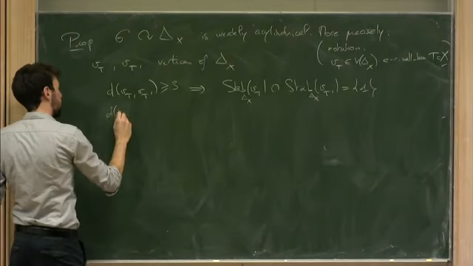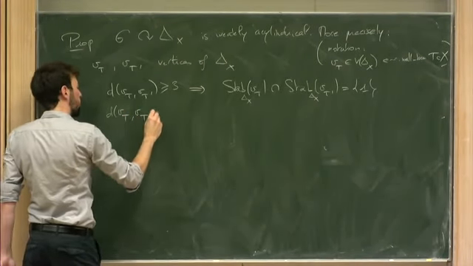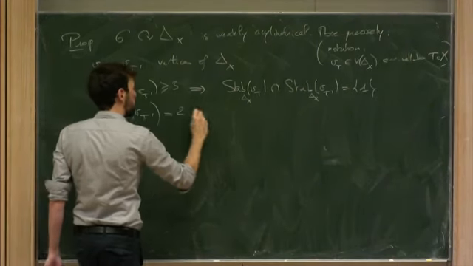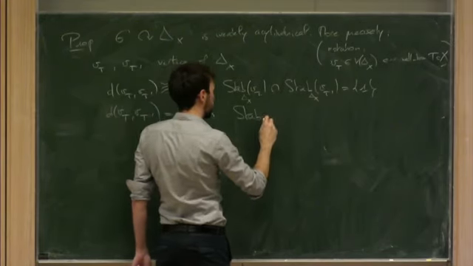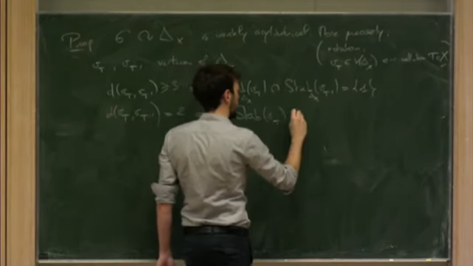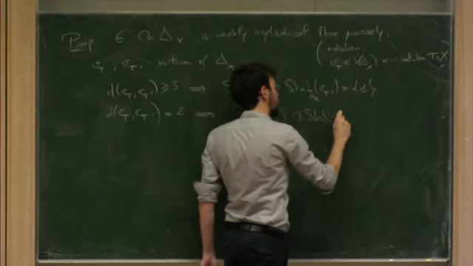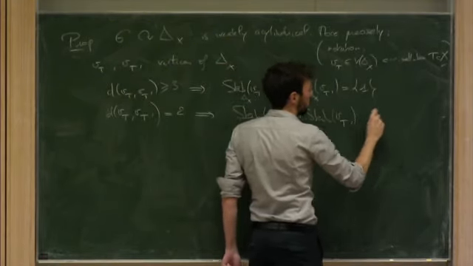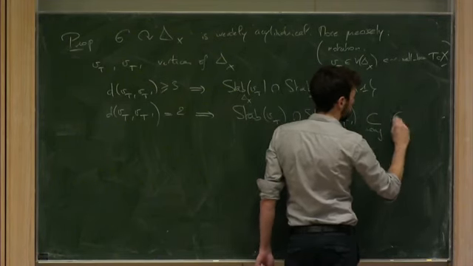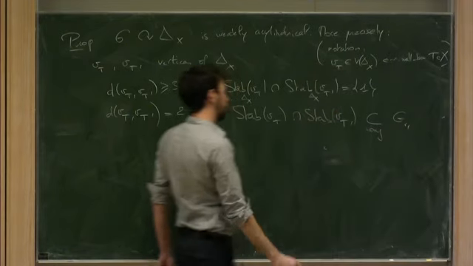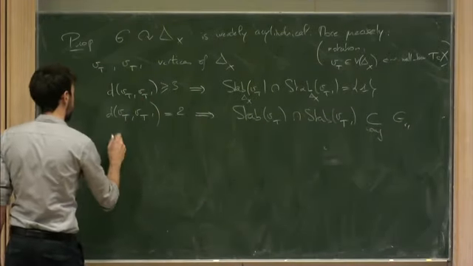If their distance is exactly 2, then the intersection of their stabilizers is contained, up to conjugation, in a group of the form G_{v_i}, one of the local groups.